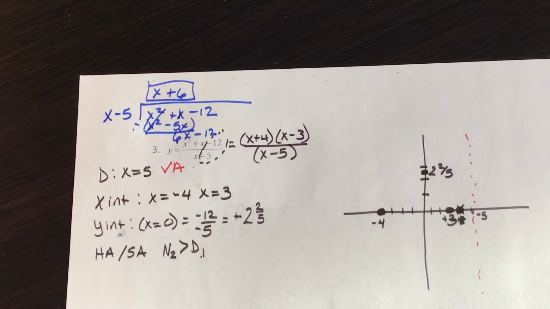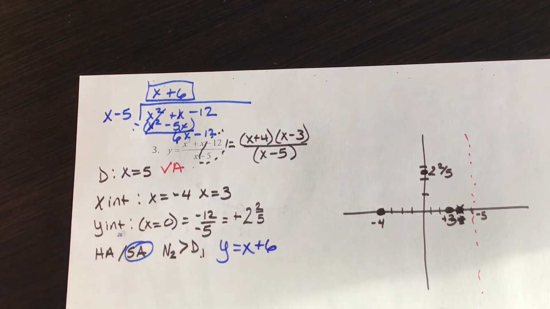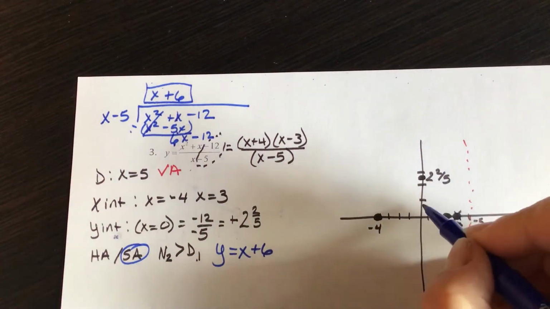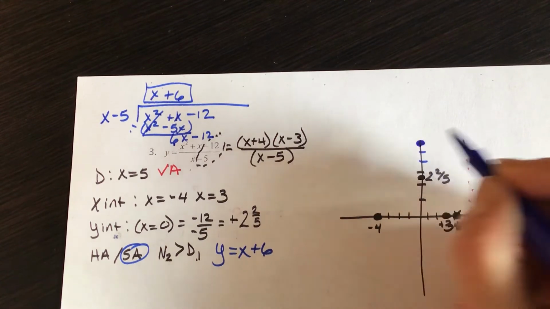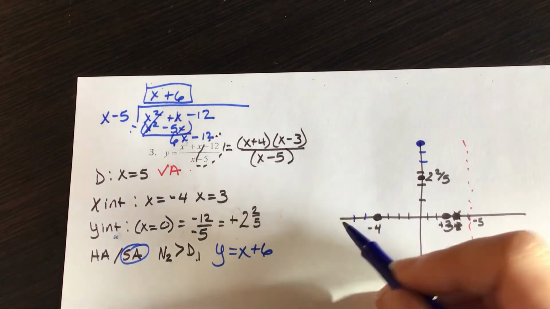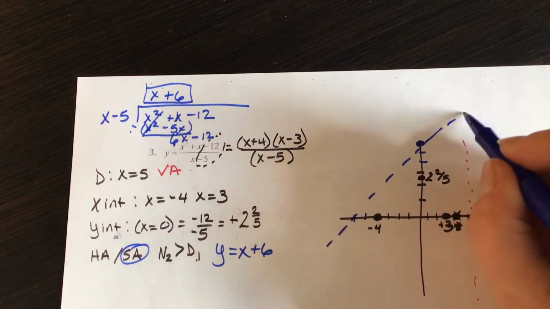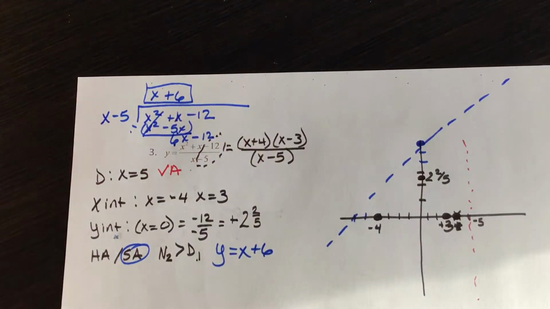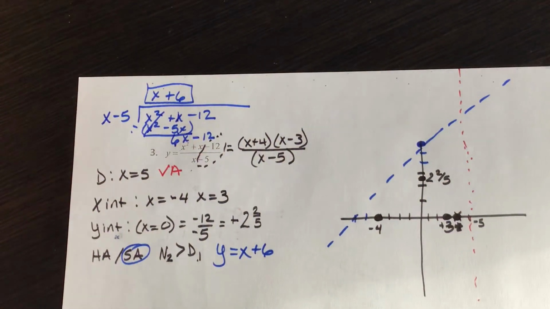This is the equation of the slant asymptote. All right, so 1, 2, 3, 4, 5, 6. So this is looking like this. And this comes up here like this.